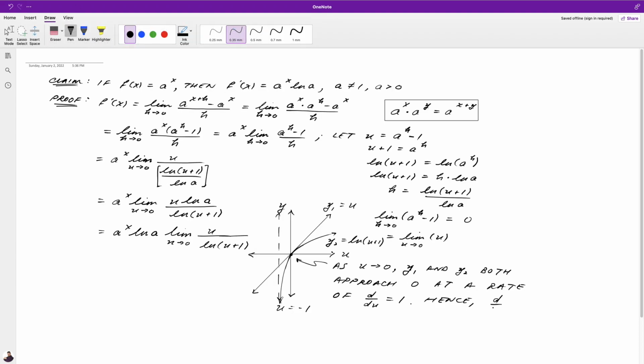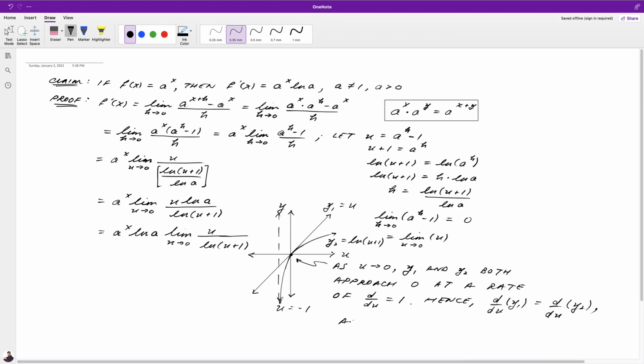Hence, d du of y1 equals d du of y2. And the ratio, well, I should say the limit as u goes to 0 of the ratio y1 over y2 is 1.